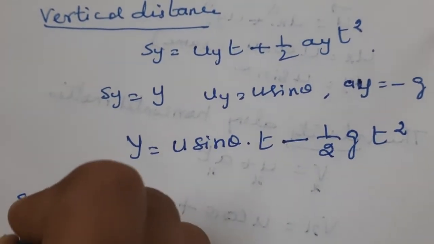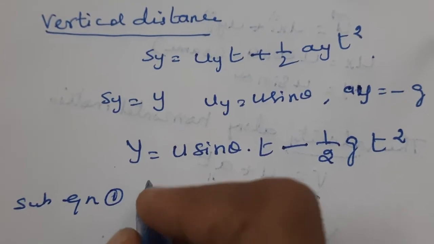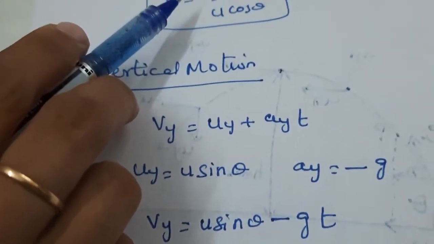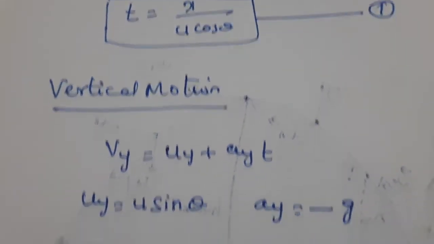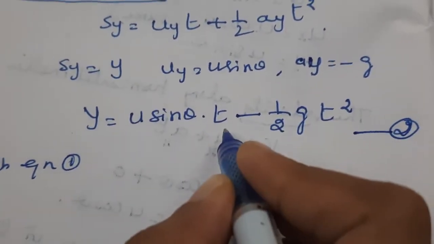Substitute equation 1, that is t equal to x by u cos theta, in equation 2. This is equation 2.